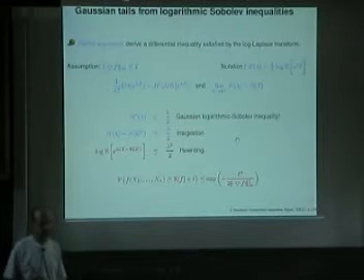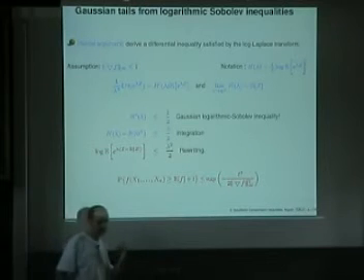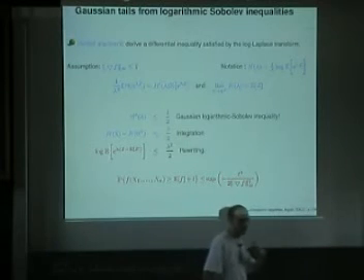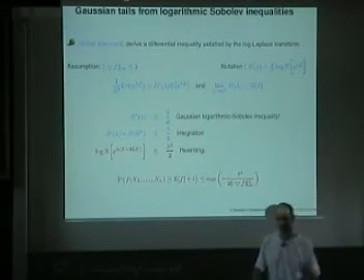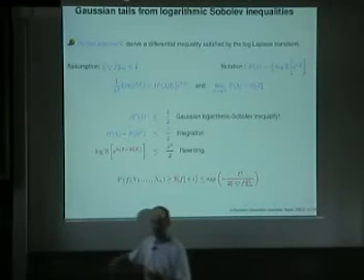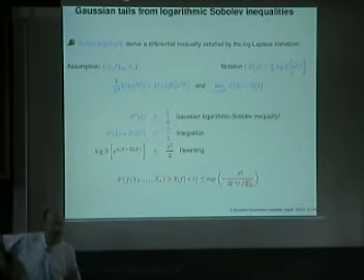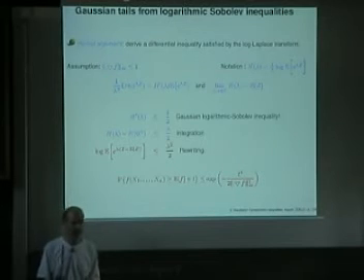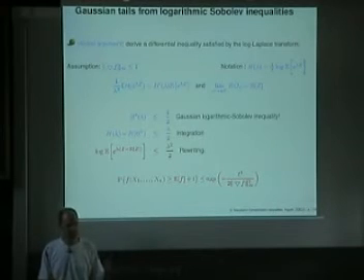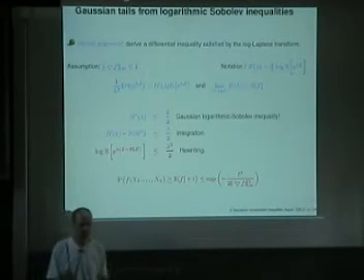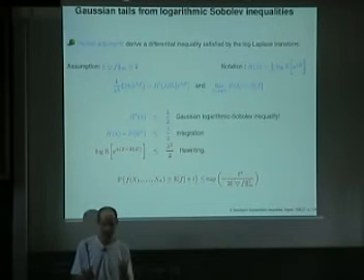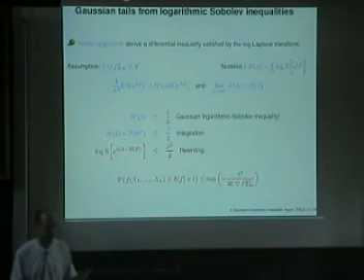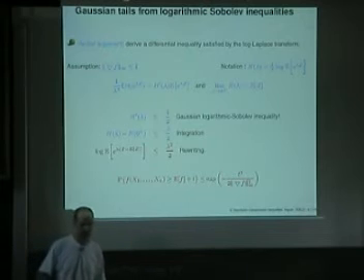The idea, and this is an idea that shows up in all the variants that relate log-Sobolev inequalities with concentration of measure, is to derive a differential inequality satisfied by the log Laplace transform from the logarithmic Sobolev inequality.